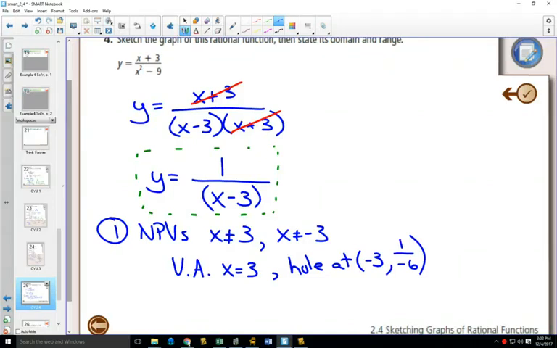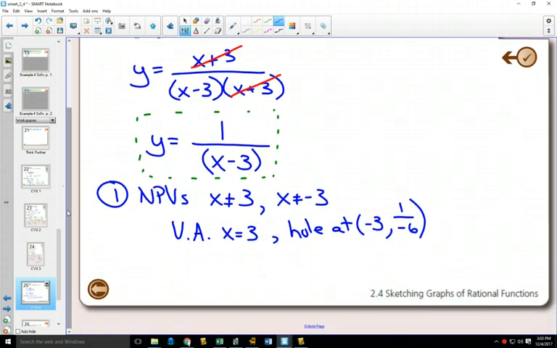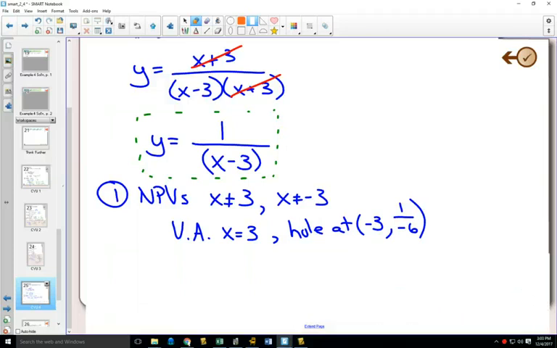Make sure you can see where I got that 1 over negative 6 from. I plugged negative 3 into that new equation with the green box around it. This one's going to have a hole and a vertical asymptote. We're going to see what that looks like.